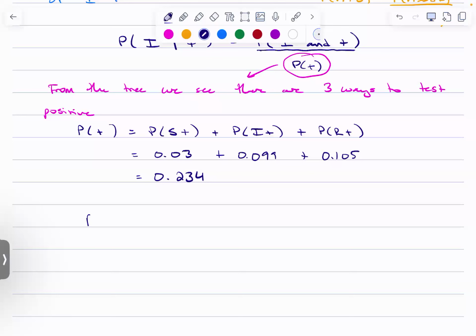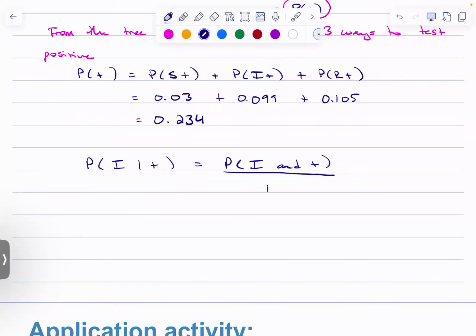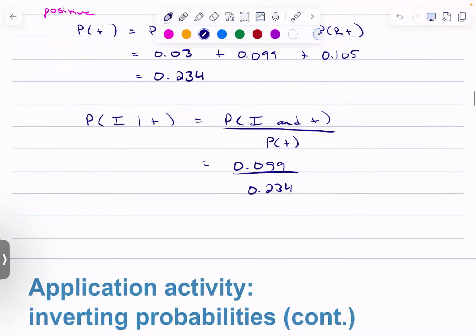But now we're ready to find the probability of I given a positive test, which is the probability of I and positive divided by the probability of a positive test, which is 0.099 divided by 0.234.